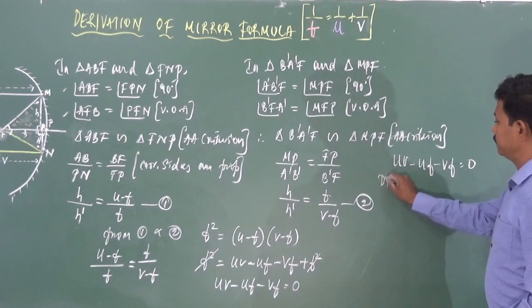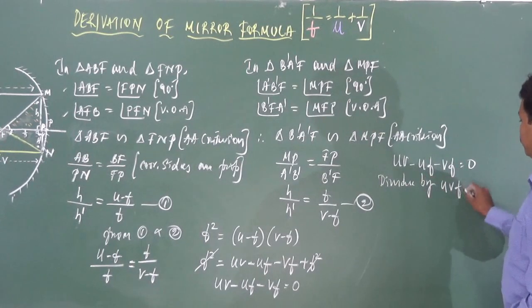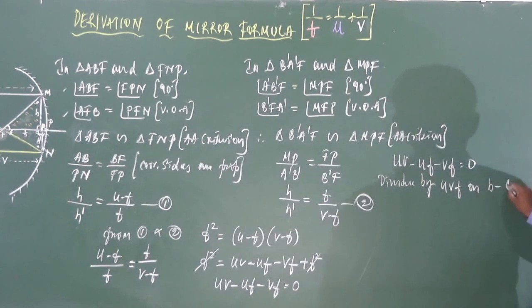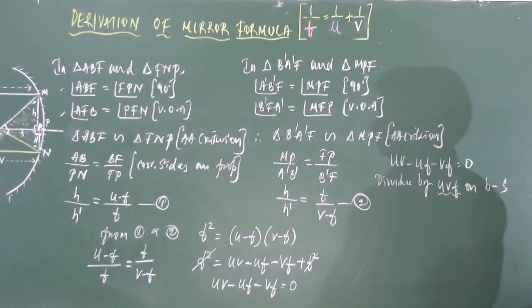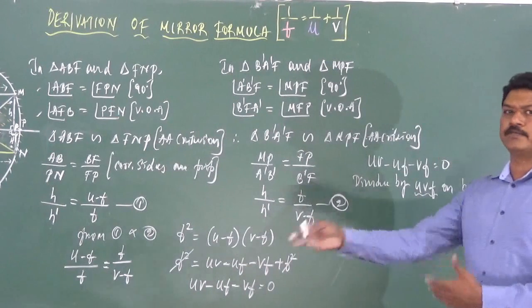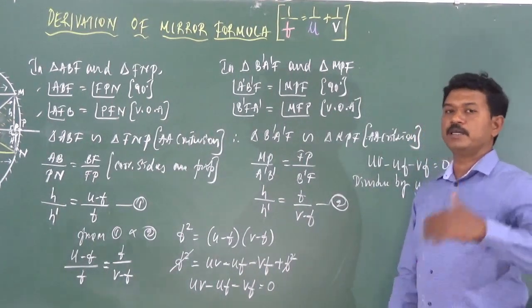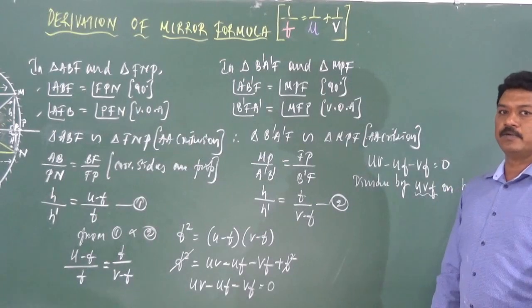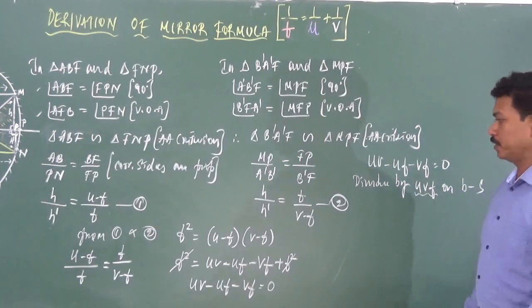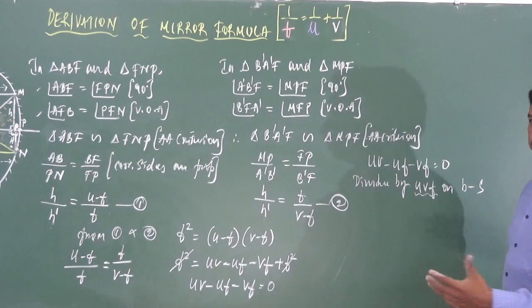So divide by UVF on both sides. You may feel it very peculiar: why do we have to divide that by UVF? I told you this itself is the mirror formula, but to make it handy, usable while solving numericals, we divide that by UVF. So that's not a problem in physics.